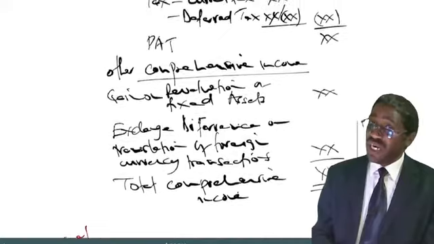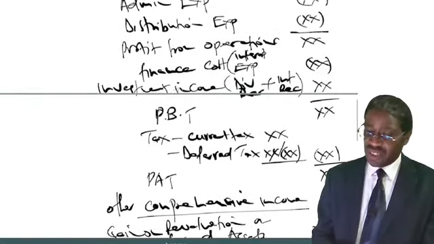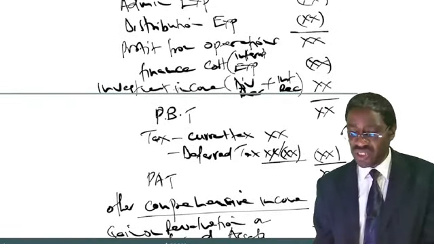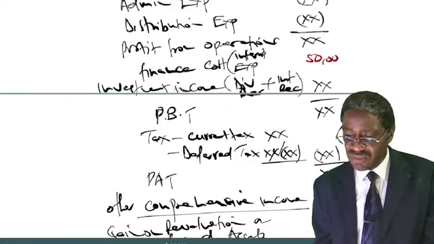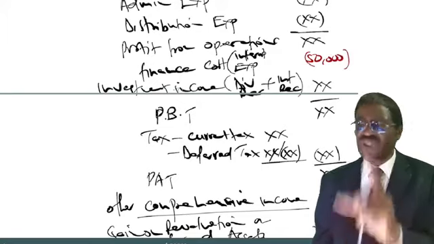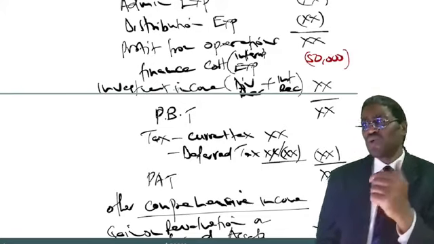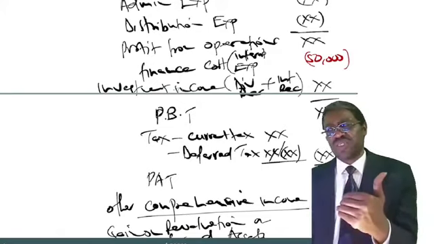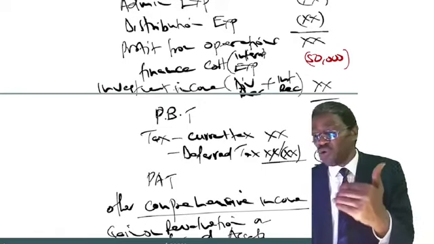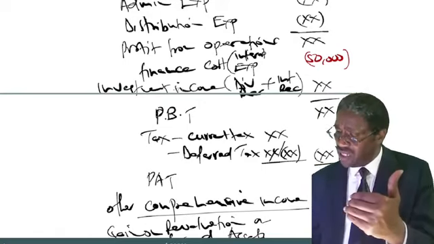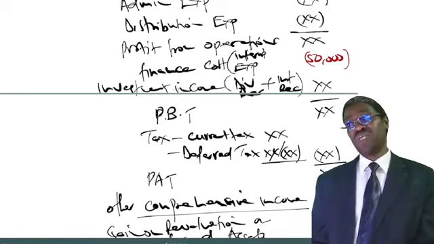Under finance cost here, you had to show 50,000, not the 40. 40 is what you paid.